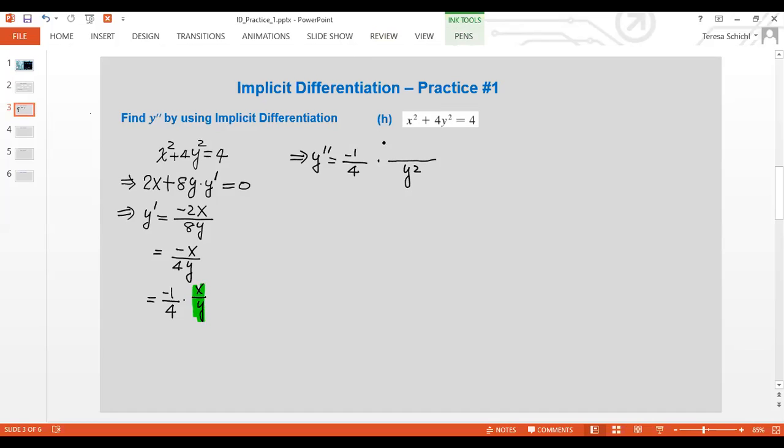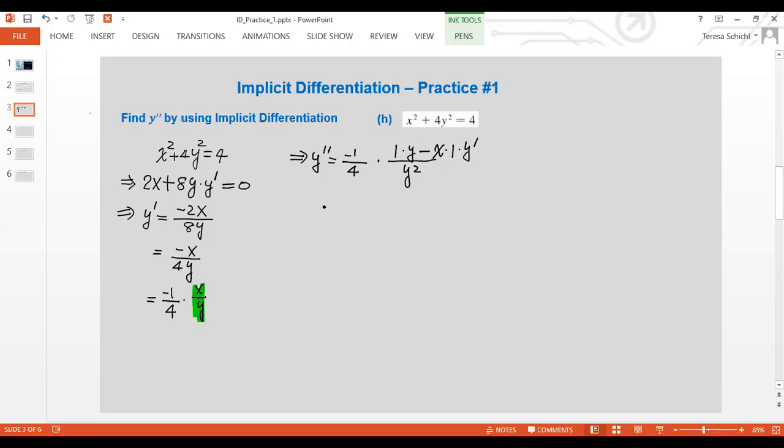Then for the top, I need to take the derivative of the top first. The derivative of x is 1, right? So it's 1 times y, then minus x times the derivative of y, which is 1, but be careful, y is a function of x, so every time you do that, you need to put y prime here.